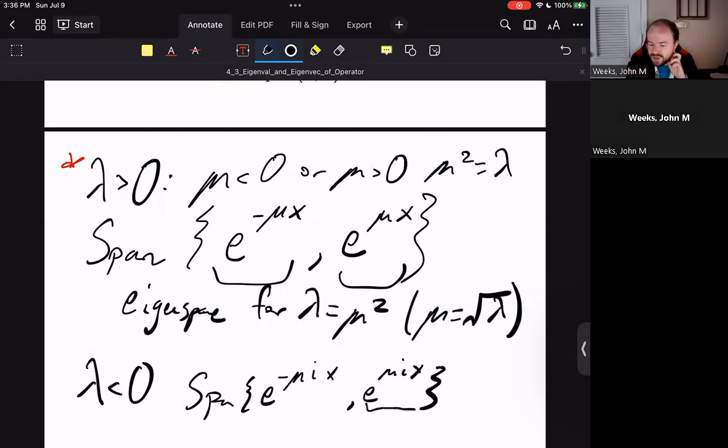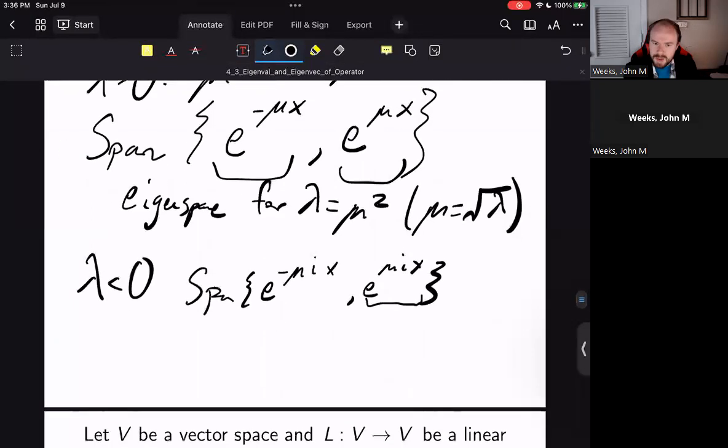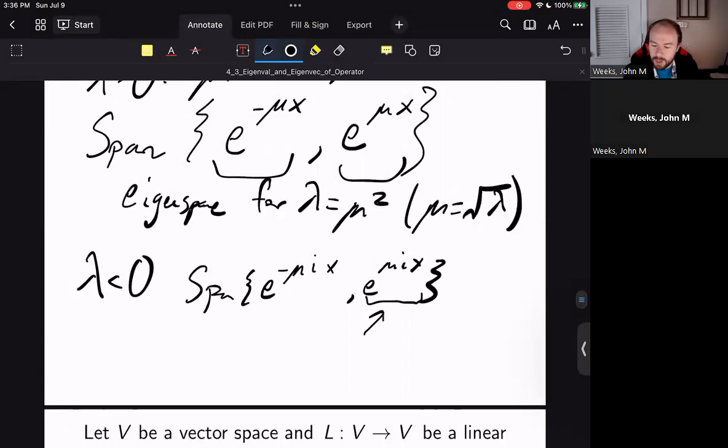Now, these functions can be written a little bit differently. You may be familiar with these in terms of the following expansions. You might be familiar with these as cosine mu x plus i times sine of mu x, that same thing right here. You might be familiar with these as cosine mu x minus i sine mu x. Either way, we have two different functions here that we could write a span with respect to.